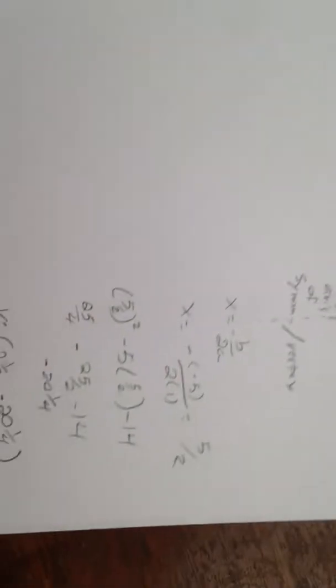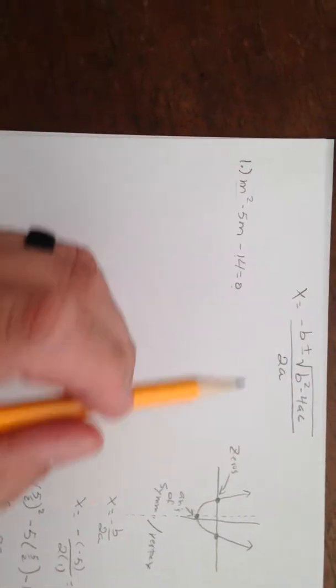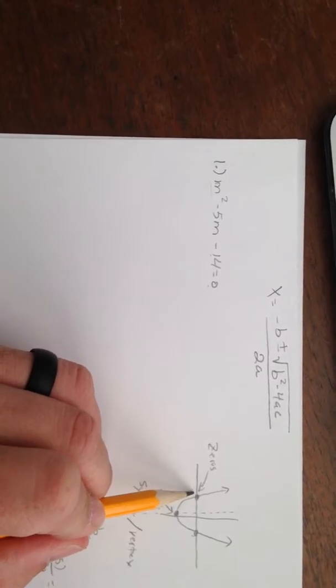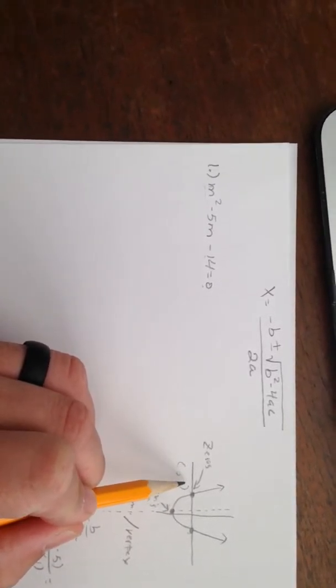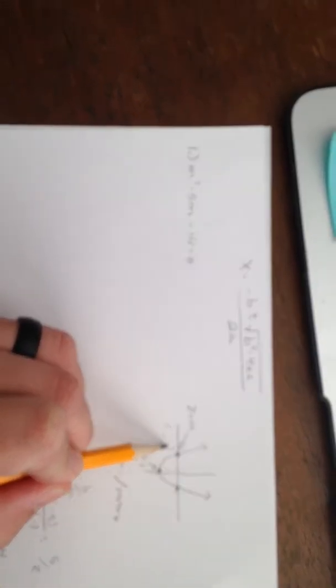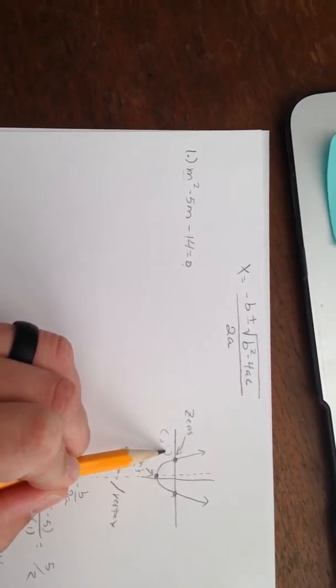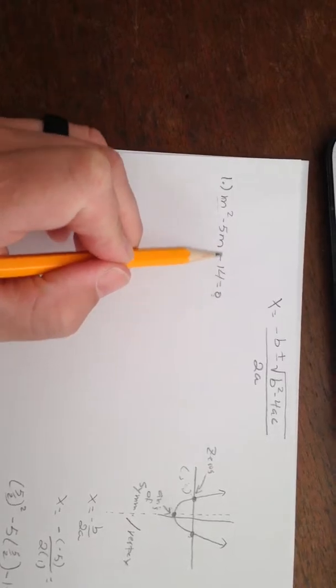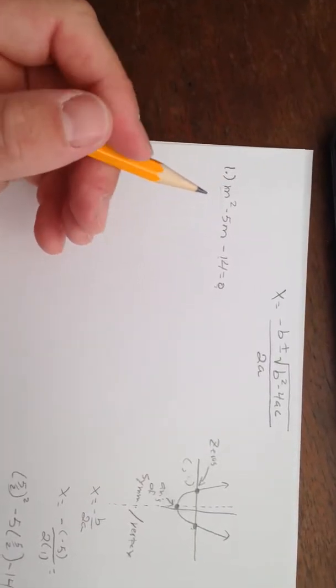And if you'll recall, we discussed how at the x-intercepts, the y coordinate is always 0. So when I want to find when y is 0, what I'm doing is finding my x-intercepts.